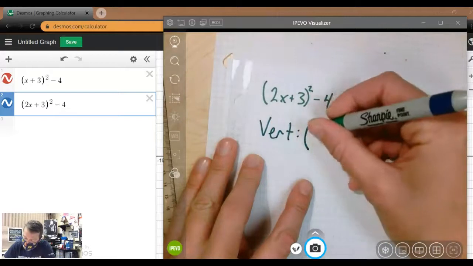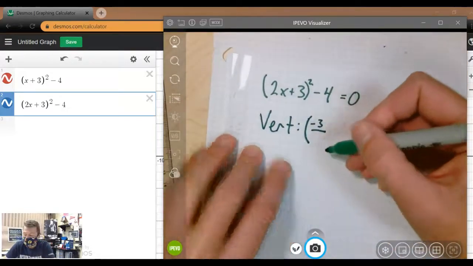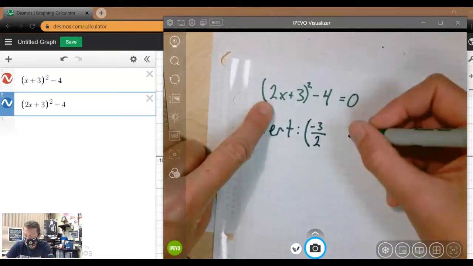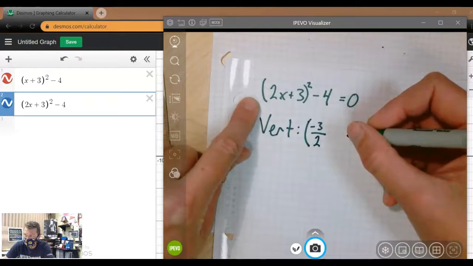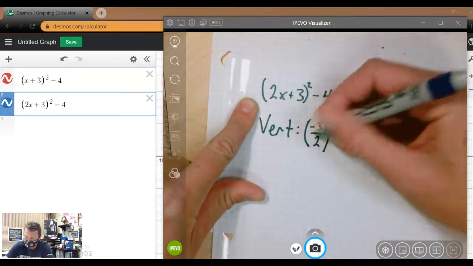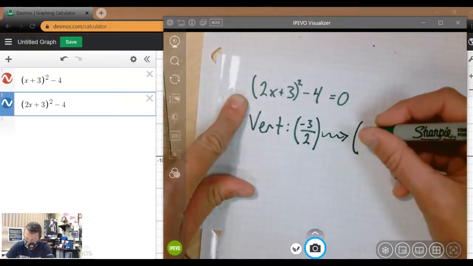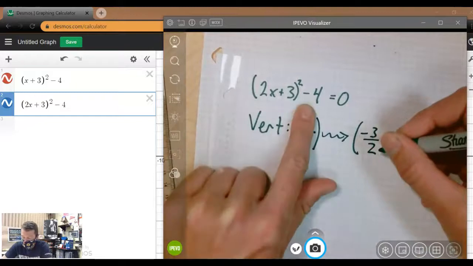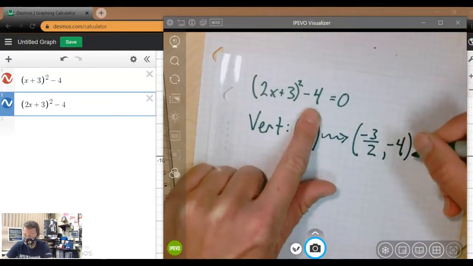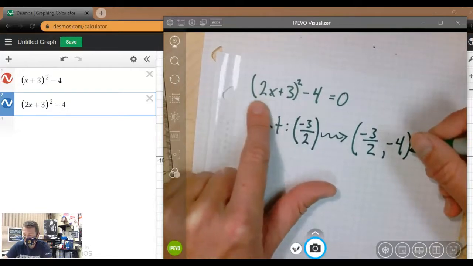It is the opposite of h, but it's divided by the coefficient in the parentheses. So if there's a coefficient outside the parentheses, it does not make a difference. Oops, that's only the x value. So it's -3/2, still -4, because that doesn't change, it's not impacted. But the -3 has to be divided by this coefficient.